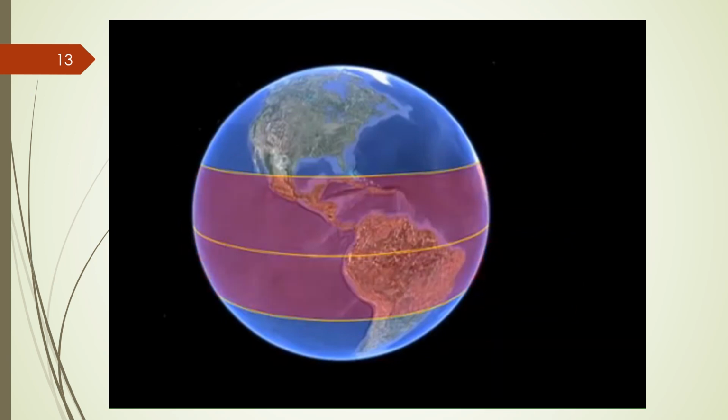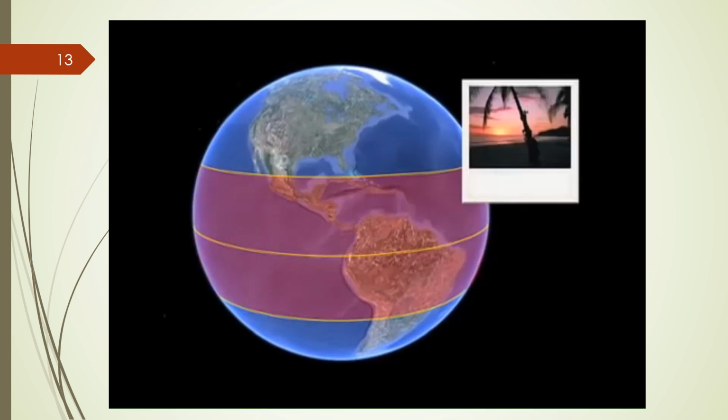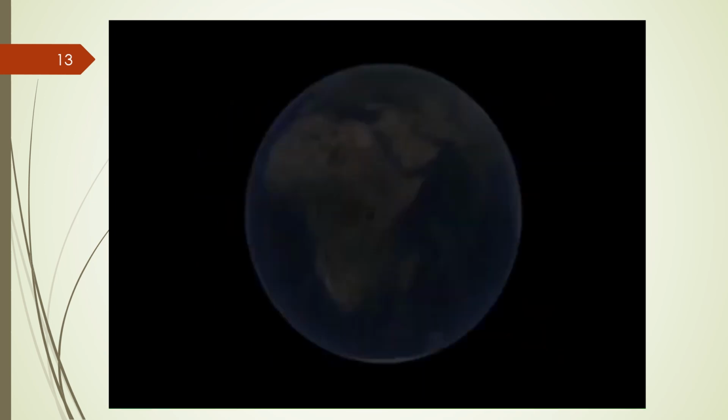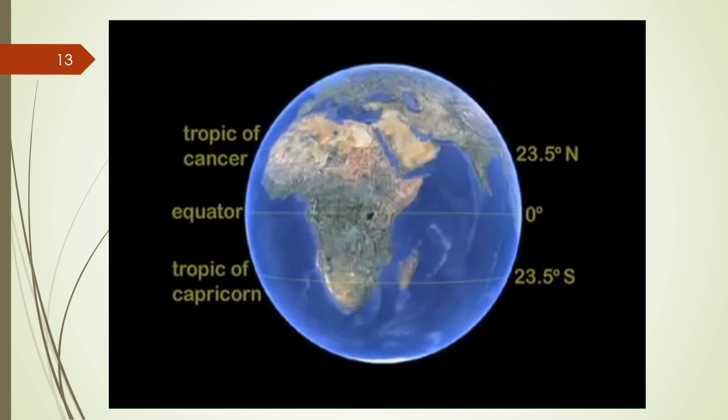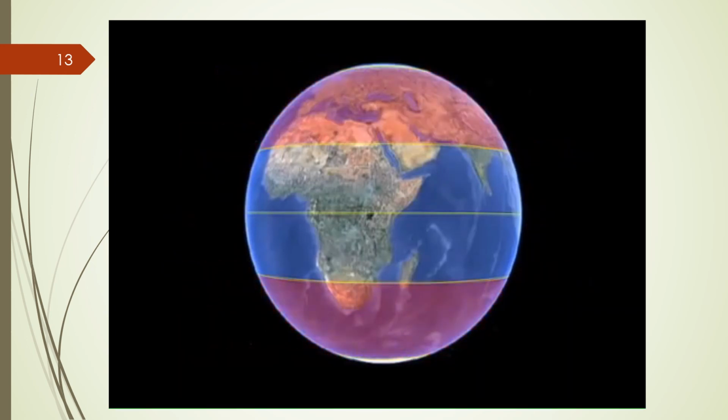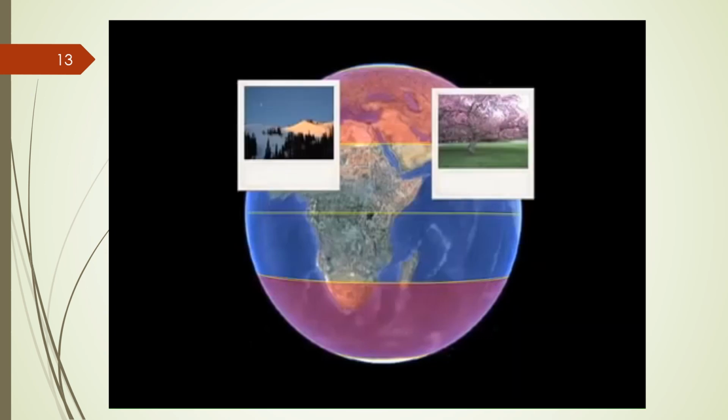The part of the Earth between these lines is called the tropics. It is known for its hot temperatures, heavy rainfall, and dense jungle. The Arctic Circle lies at 66.5 degrees north, and the Antarctic Circle lies at 66.5 degrees south. The area of the Earth between these parallels and the tropics is characterized by 4 distinct seasons.